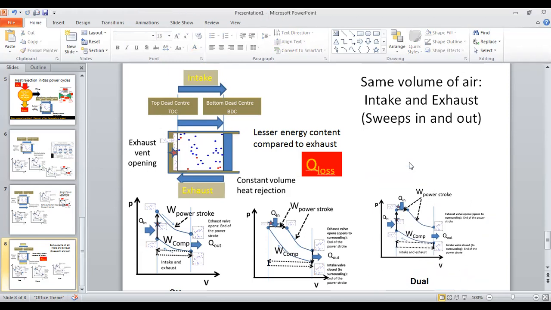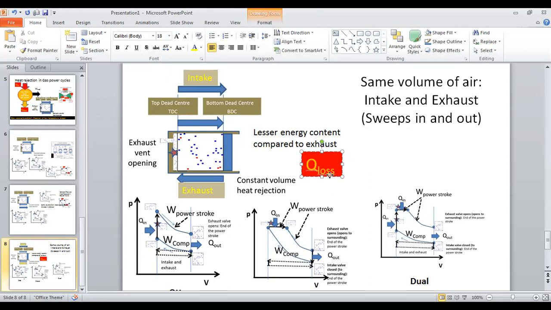So sweeps in and sweeps out, same volume equivalent to the swept volume, that is the volume between TDC and BDC of this piston cylinder arrangement. So later we will look into more. So that's how the Q loss takes place at constant volume.